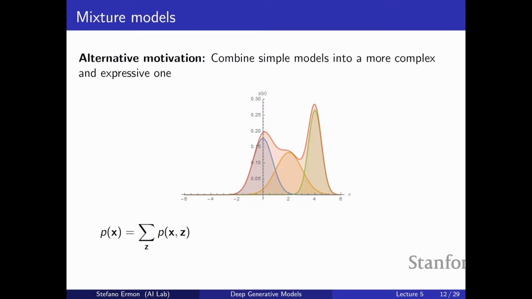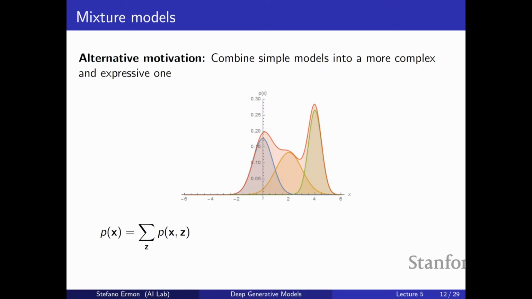You can see it in the example of the mixture of Gaussians. If you have 3 Gaussians, a blue, an orange, and a green one, with different means and different standard deviations, so they have all these bell curves, the corresponding marginal distribution over X has this very interesting red shape.